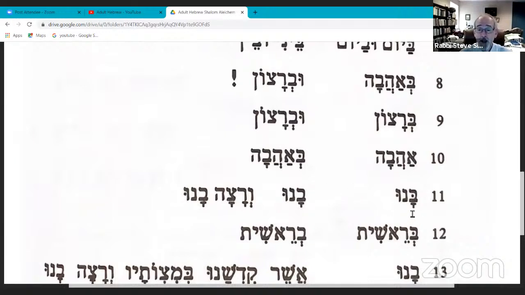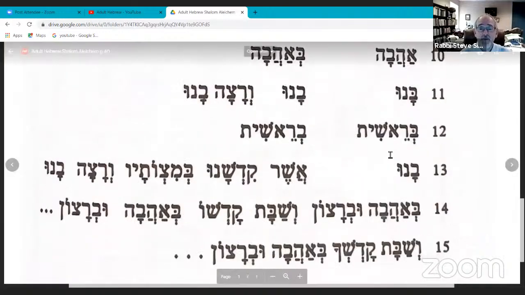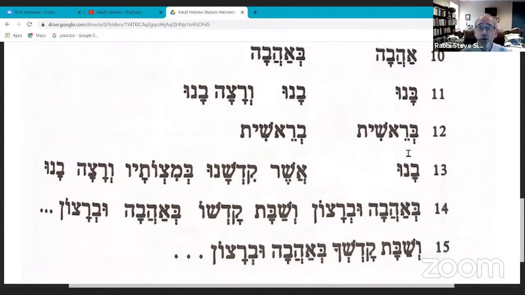Line 11. Banu. Viratsa Vanu. Line 12. Bereshit. Bereshit is the name of the first volume of the Bible.